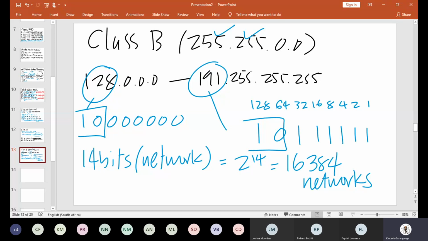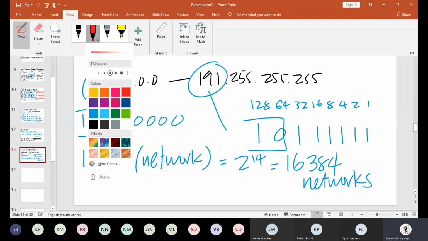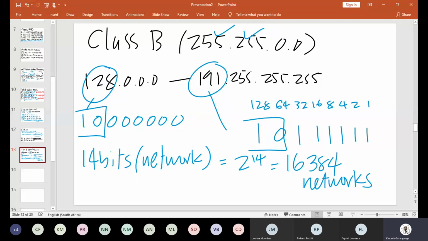So we've got the 2 bits, all right, that we remove initially, but it stays the same. So these are your leading bits. And then from those 2 bits, we are left with 14. Because initially we had 16 bits that were representing the network portion that is there, all right?